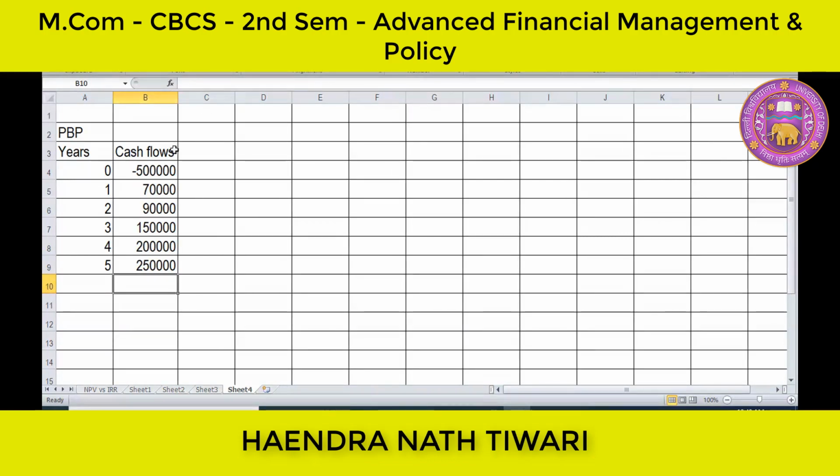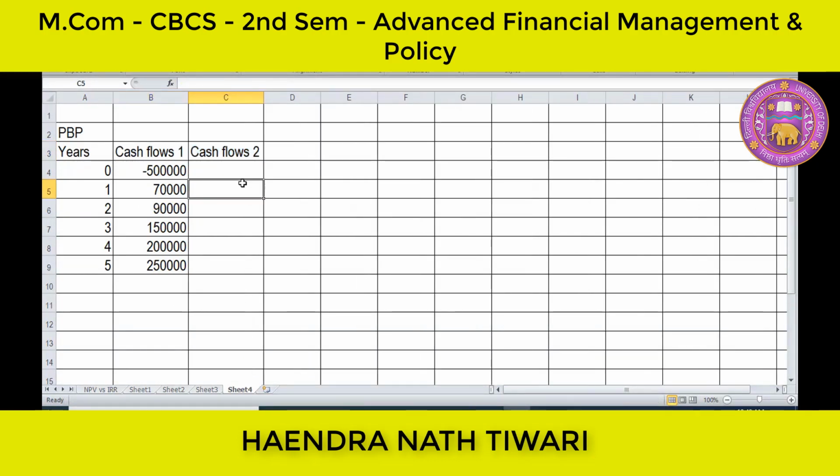There are two projects, project 1 and project 2. The cash flows are reversed in project 2.